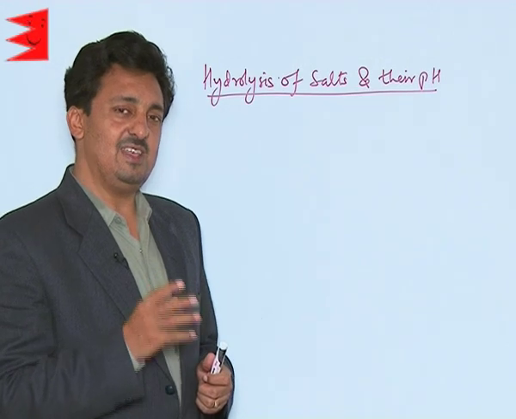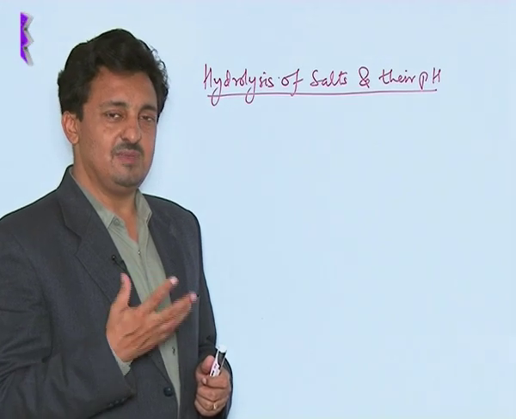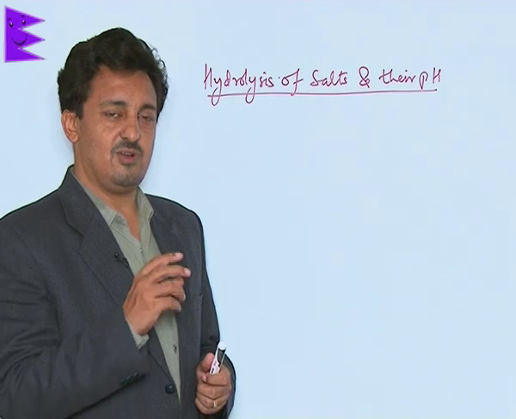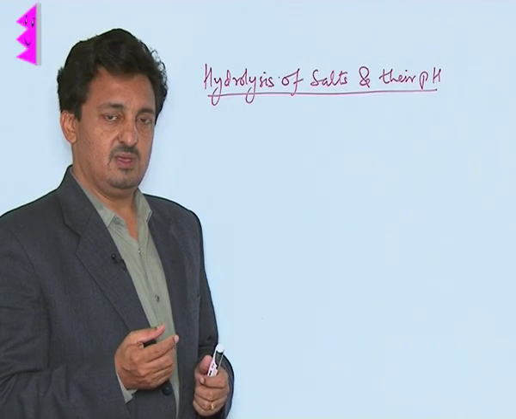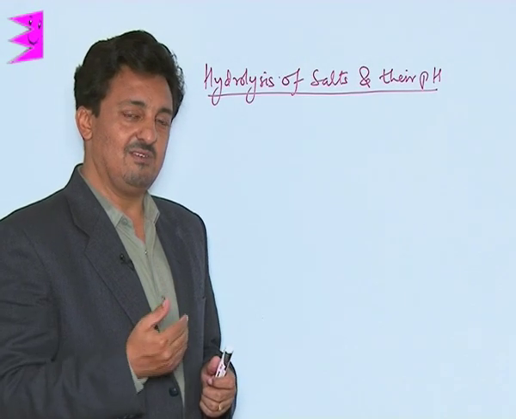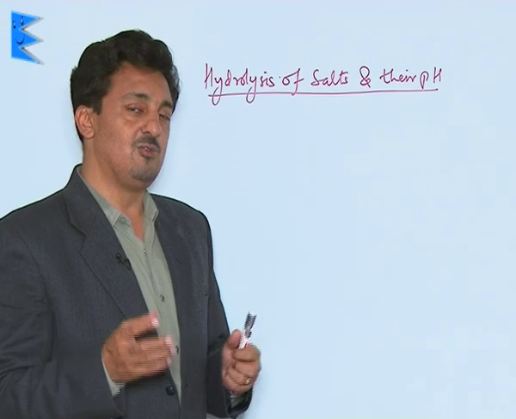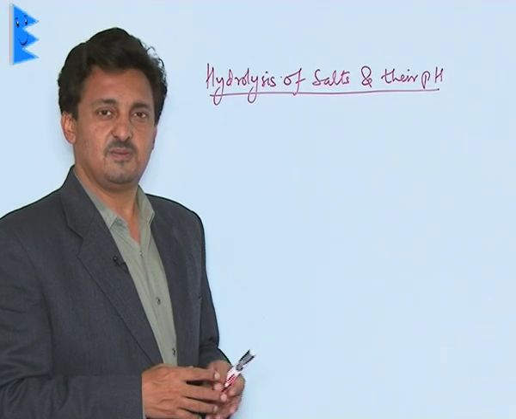To first understand the hydrolysis of salt and what exactly it means, we first need to know how these salts are formed. We have known from the junior level that salts are formed by the neutralization of an acid and a base.